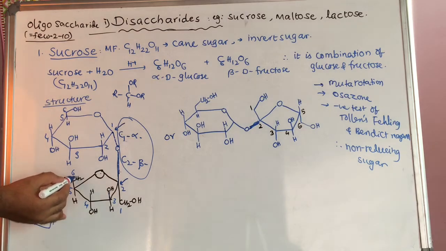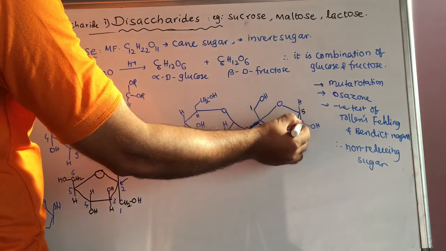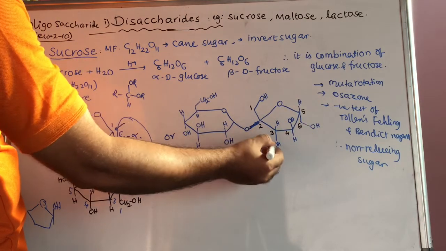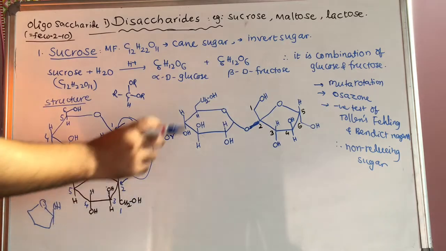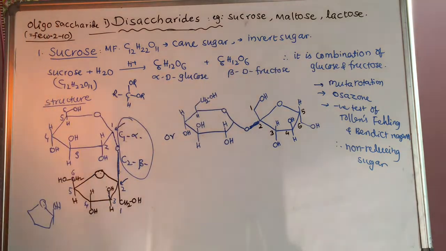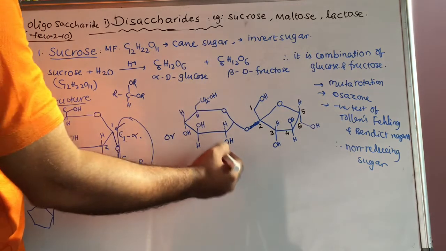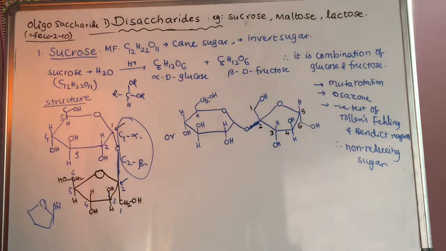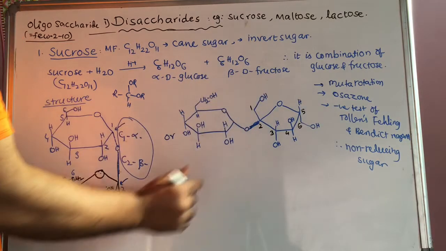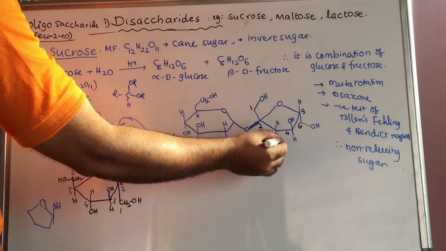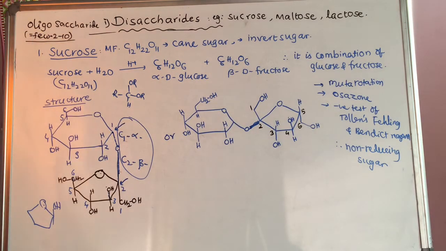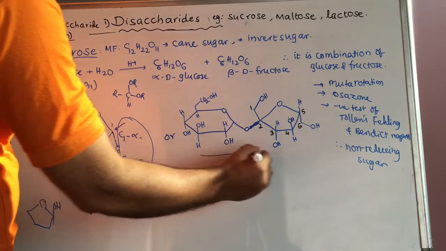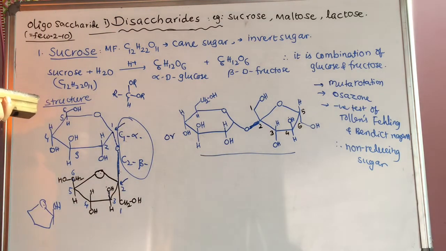Next, CH2OH on the same side as the oxygen should be on the same side as this OH group, because this is up. That's why this type of representation is given in the textbook. This is the most important way to understand the textbook diagram.